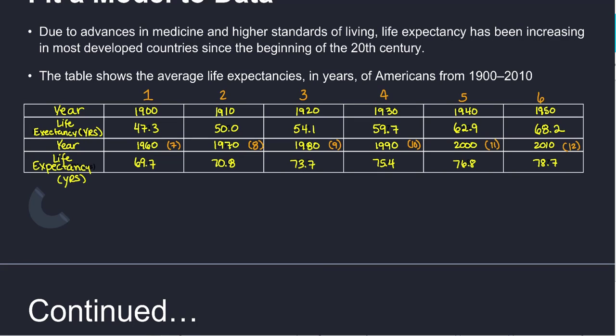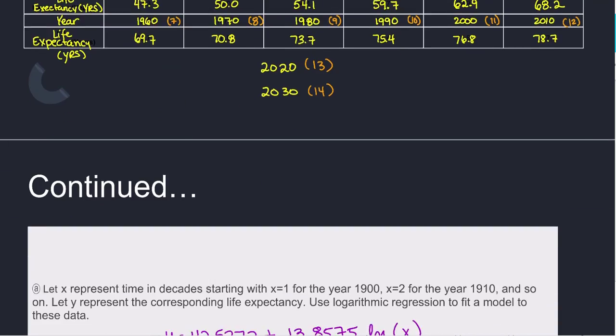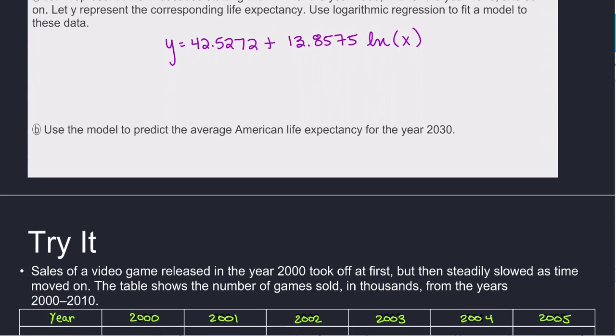2010 is 12. That means that 2020 would be 13, and that means that 2030 would be 14. So we're going to sub in 14 for the x.